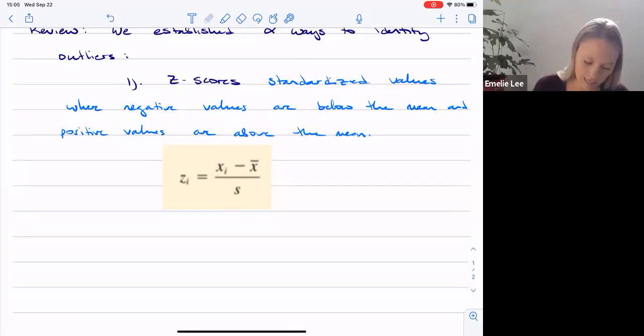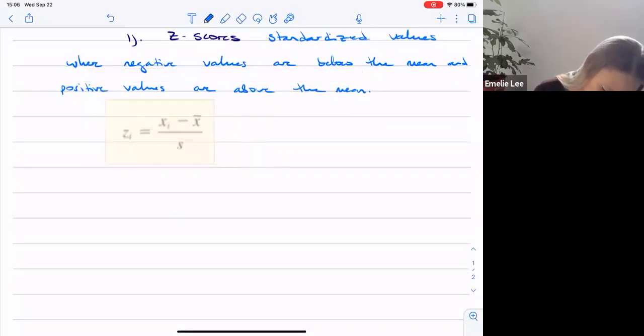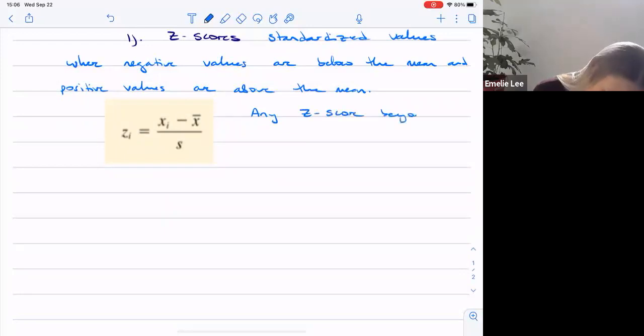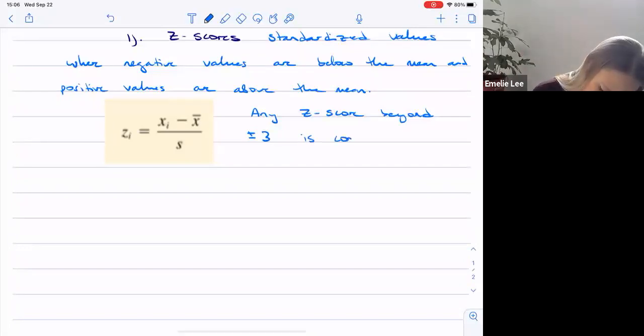And so any Z-score beyond plus or minus 3, in either direction, is considered an outlier.